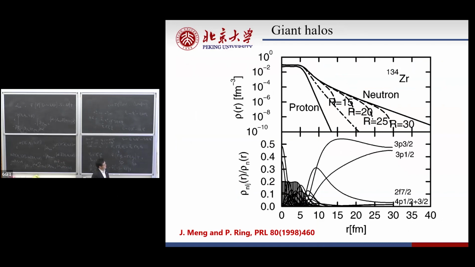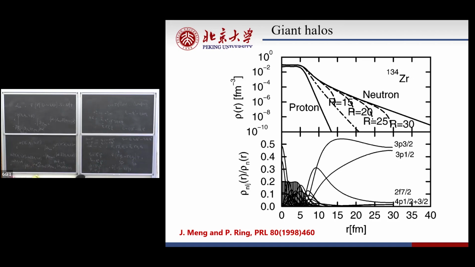And then we can extend this idea further. For example, this is for zirconium-134. You see this, because we solve the equation of motion in coordinate space, we can solve this equation with a spherical box.